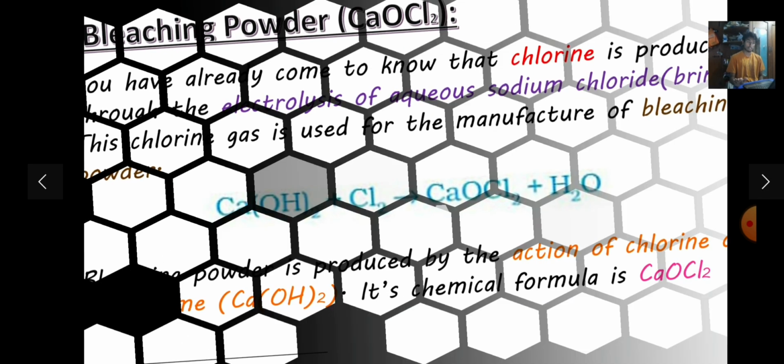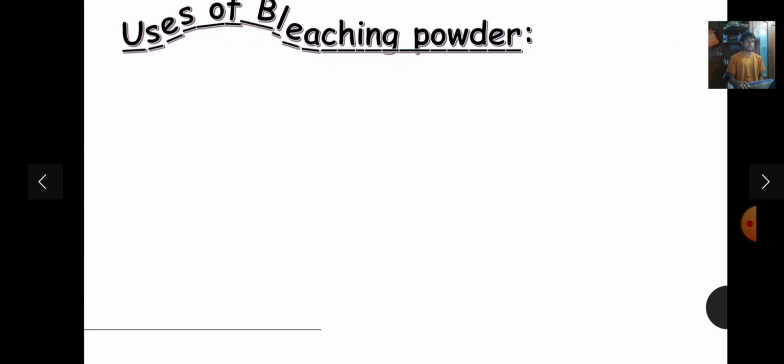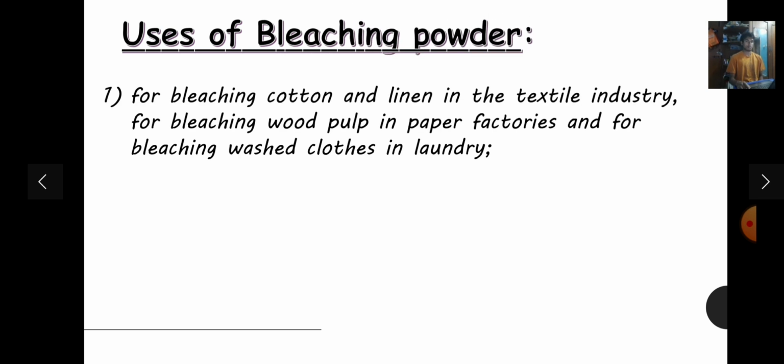Now the uses of this bleaching powder are for bleaching cotton and linen in the textile industry. It is used for bleaching wood pulp in paper factories for the manufacturing of paper, and for bleaching washed clothes in laundry. It is used as an oxidizing agent.